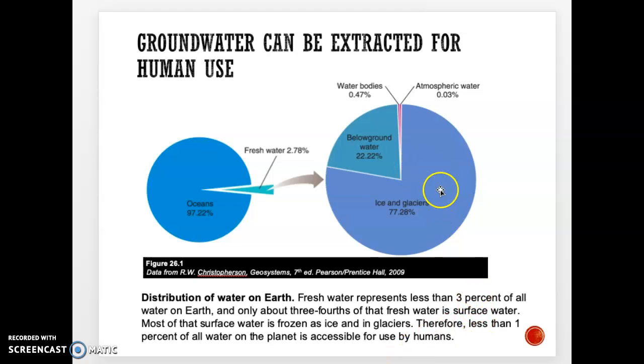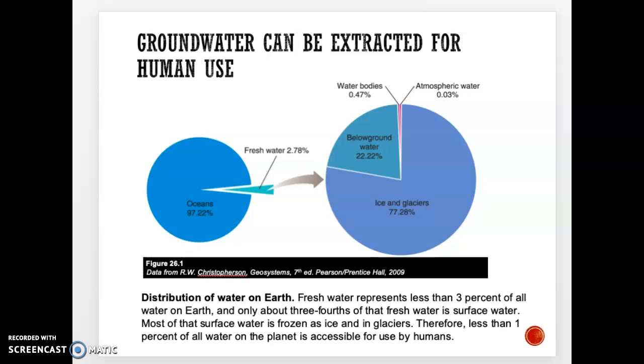So, do we get water from glaciers? Not really. Do we get water from below ground water? Or do we extract it from freshwater bodies? So some questions for you to ponder.